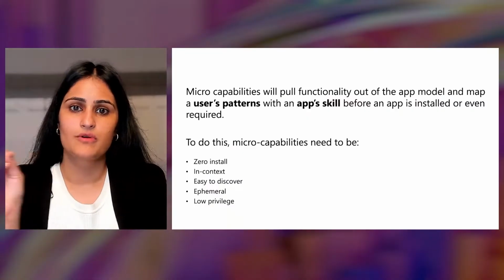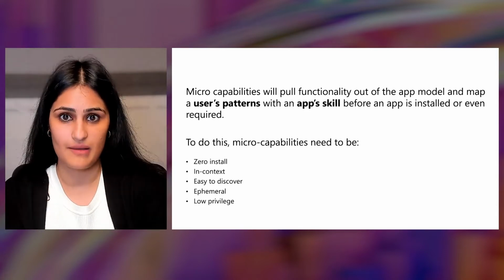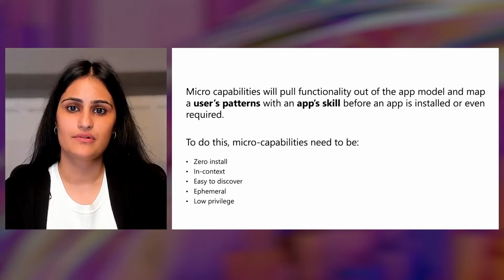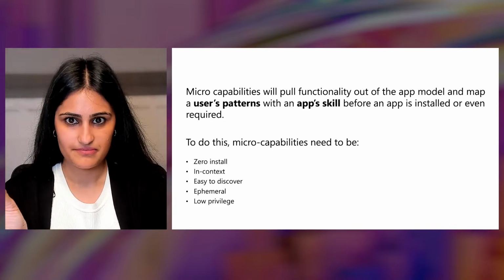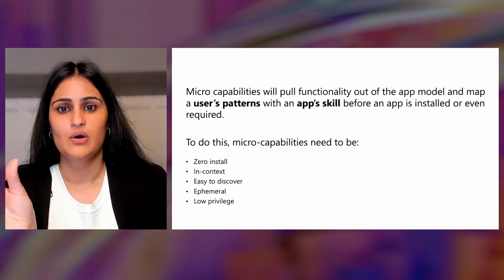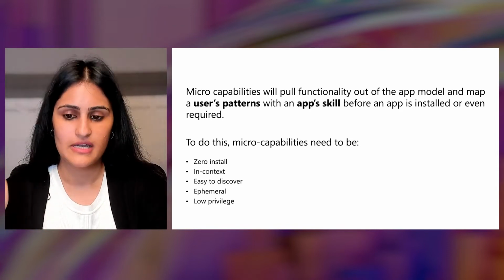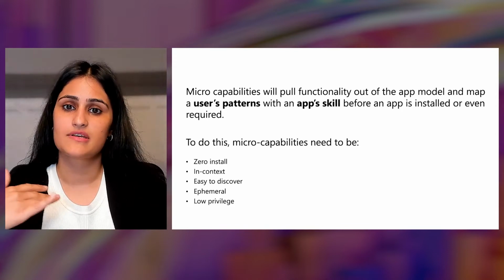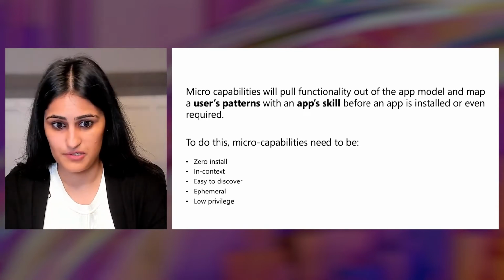So microcapabilities, in a nutshell, will start to pull small bits of functionality out of the app, like in this example, link sharing and link previews, and map a user's pattern, for our example, link sharing, with the app skill, which is link unfurling, into an adaptive card, even before an app has been installed or required by the user or discovered by the user.